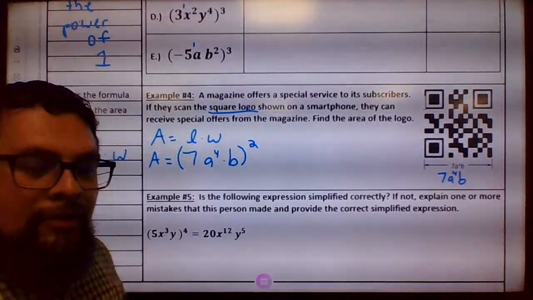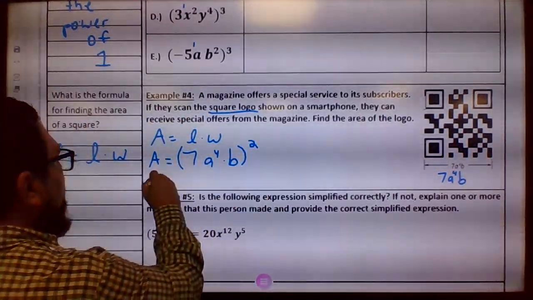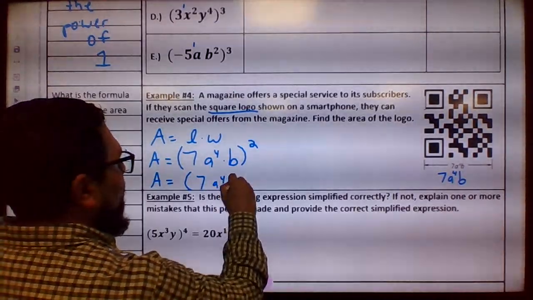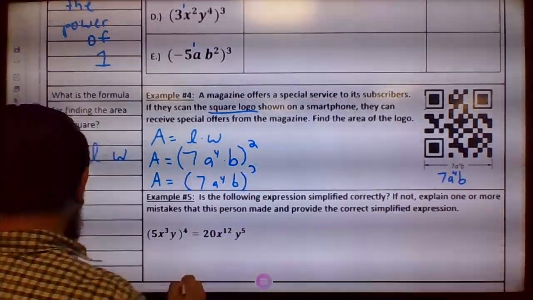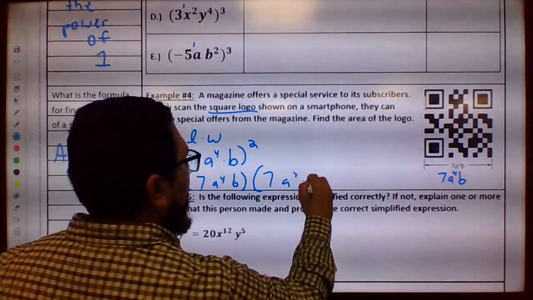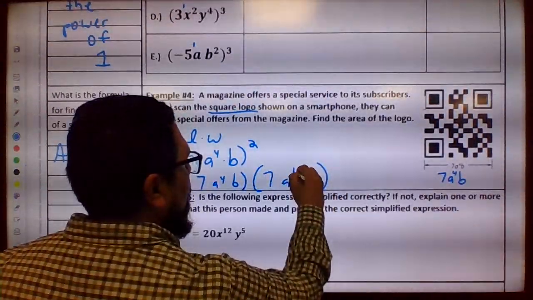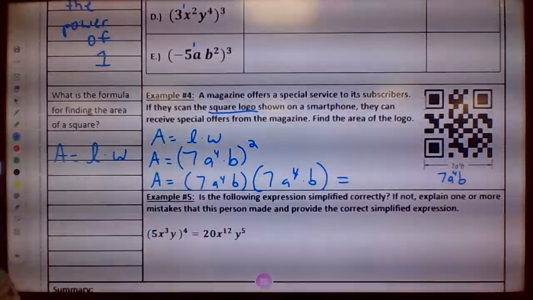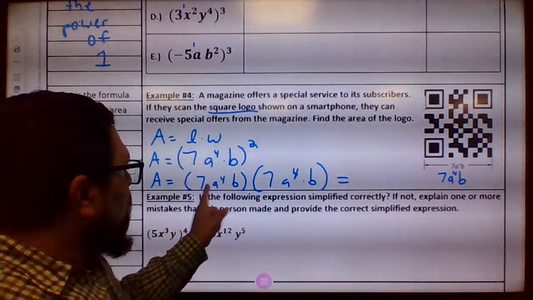So let's rewrite it again: 7a to the 4th times b, not squared, times 7a to the 4th times b. What's going to be the area of this square logo? I see 2 7s.